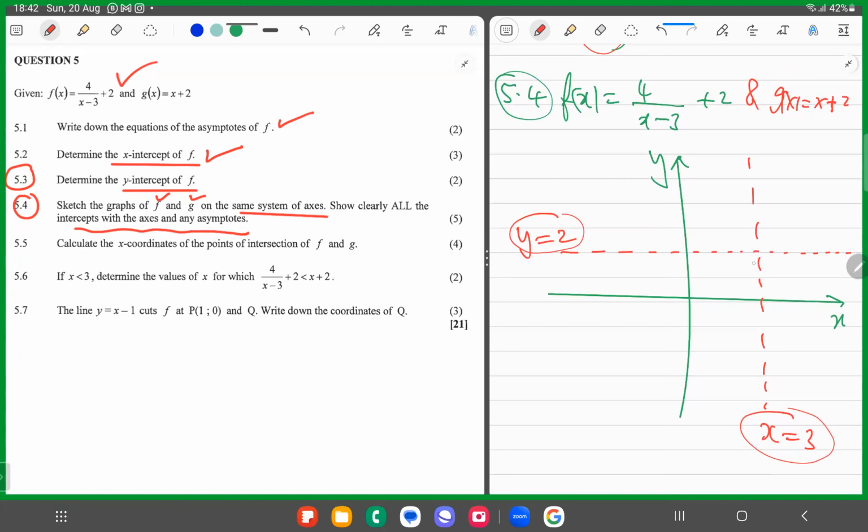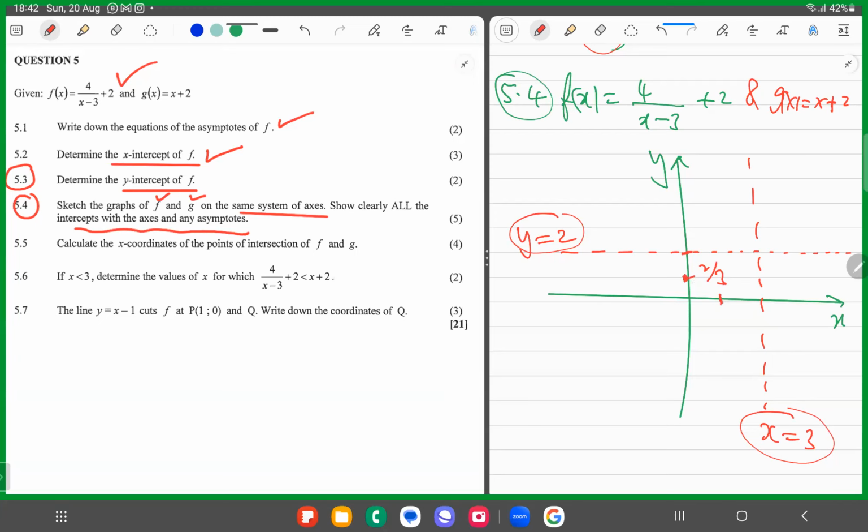So now you can see that the y-intercept is at 2/3, which is below 2.